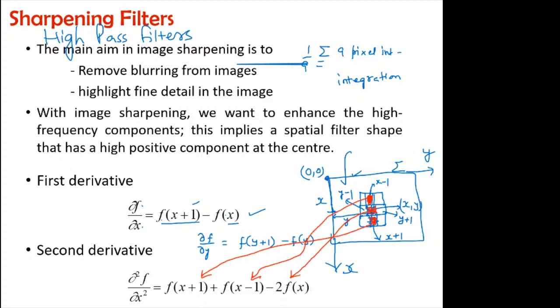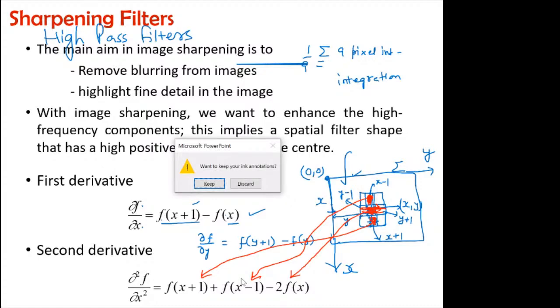That is called second derivative along x-axis. और जैसे सेकंड डेरिवेटिव along x-axis है, ऐसे सेकंड डेरिवेटिव along y-axis हो जाएगा, है ना? f of y plus 1 plus f of y minus 1 minus 2 f(y). तो ये जो हॉरिजॉन्टल पिक्सल हैं ये वाले, these three will come into reckoning.